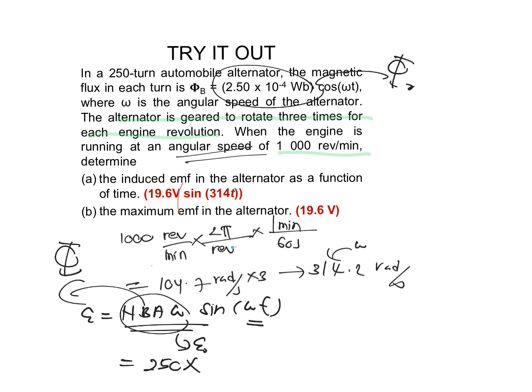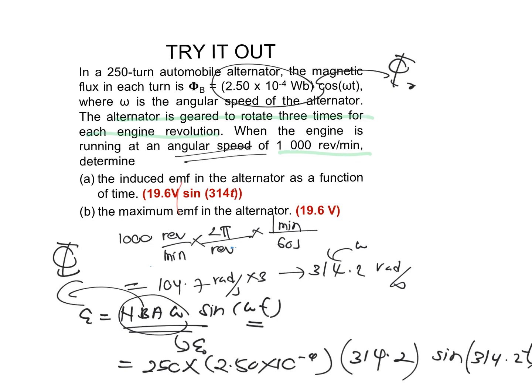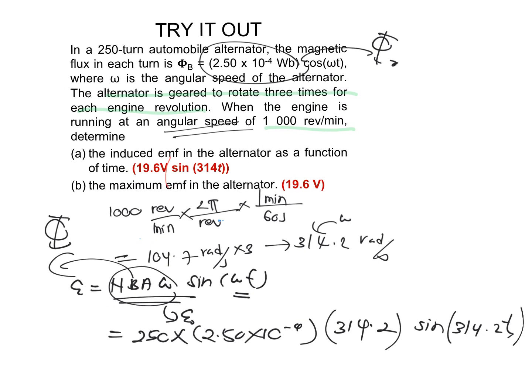So omega is 314.2, sine 314.2 t. You are going to get 19.63.